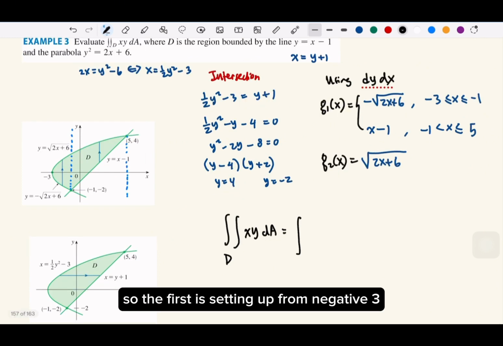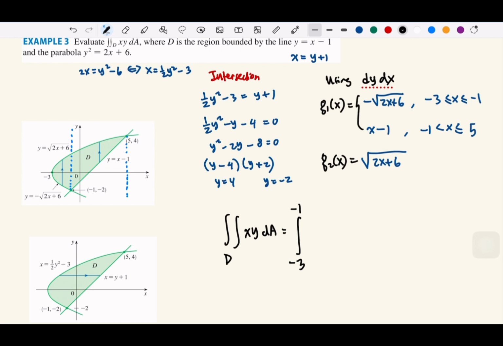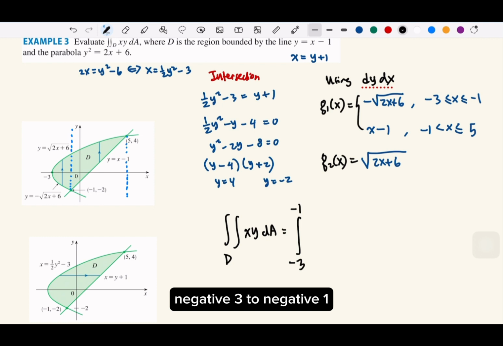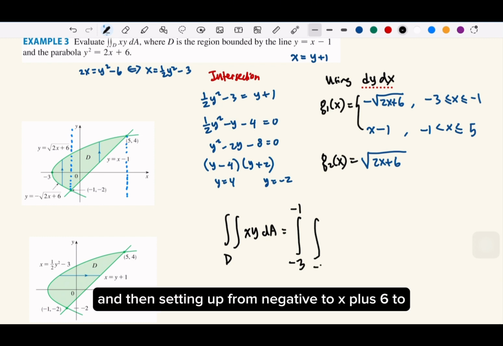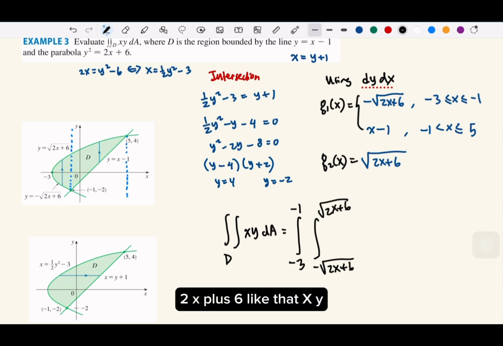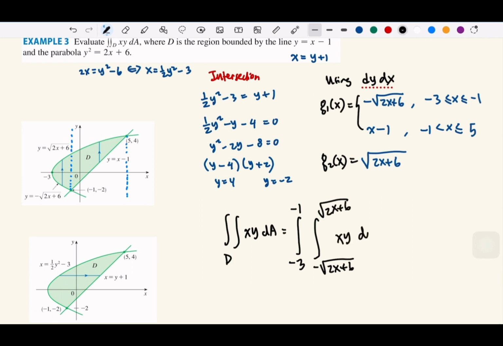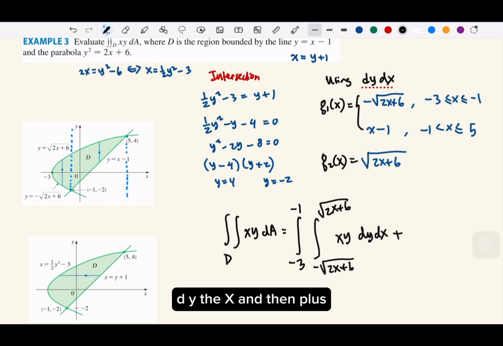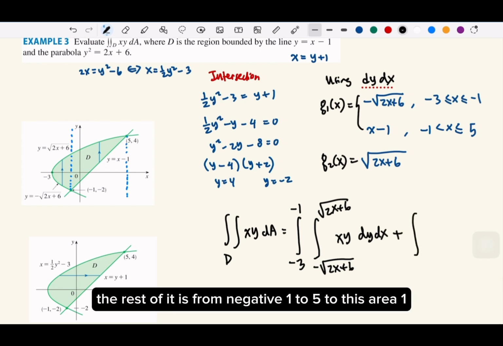The first is setting up from negative 3 to negative 1, and then from negative 2x plus 6 to 2x plus 6, xy dy dx, and then plus the rest of it, from negative 1 to 5.